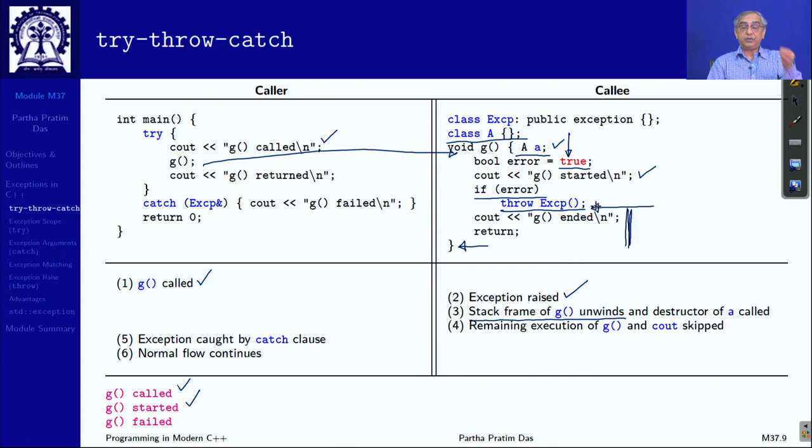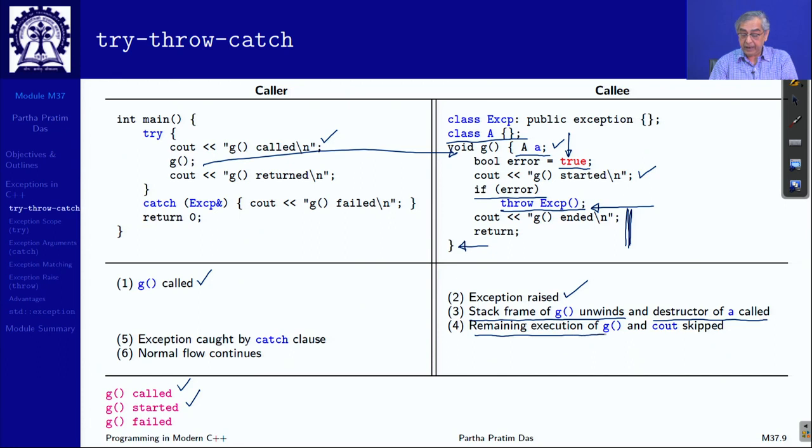Is to also destruct the object A, because the stack frame is getting unwinded. So, wherever the object A was, that is not a part of the computation anymore. So, this is a very, very important behavior of throw in C++, which is critical for the correctness of all live objects and their lifetime.